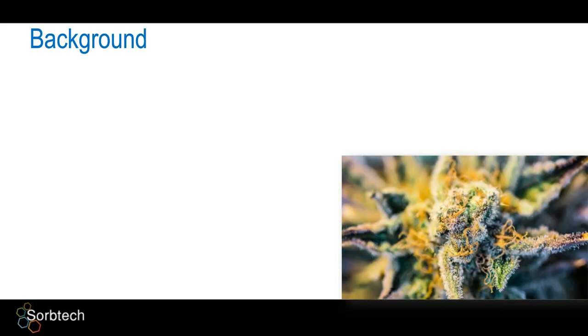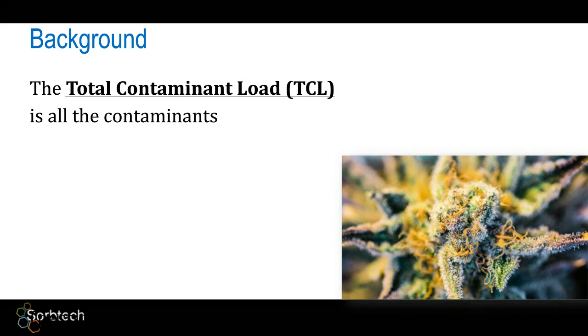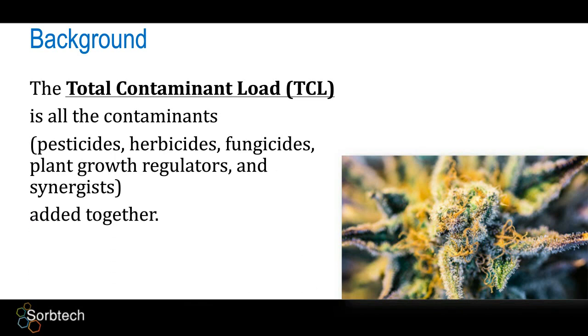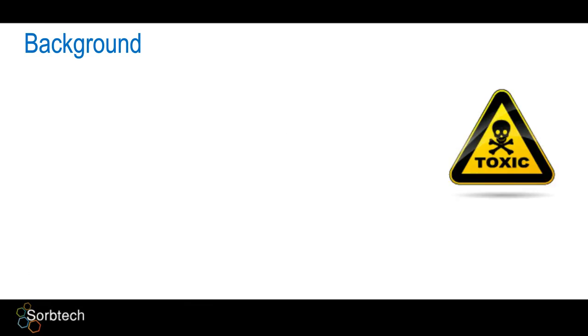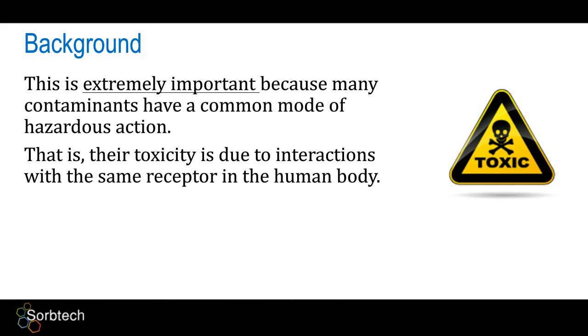So I want to introduce a notion of the total contaminant load, which is all the contaminants added together. This is extremely important because many contaminants have a common mode of hazardous action. That is, their toxicity is due to interactions with the same receptor in the human body.